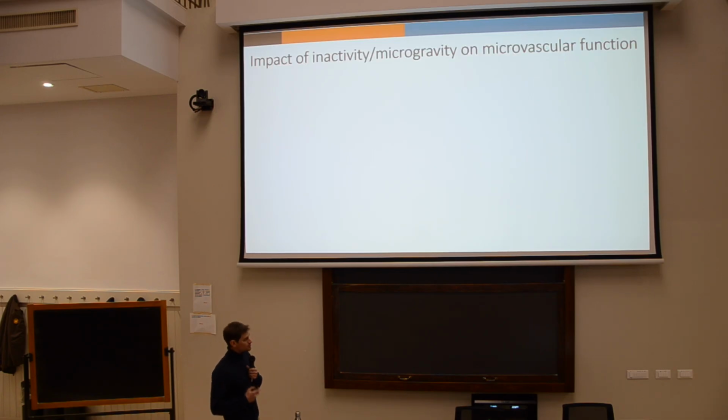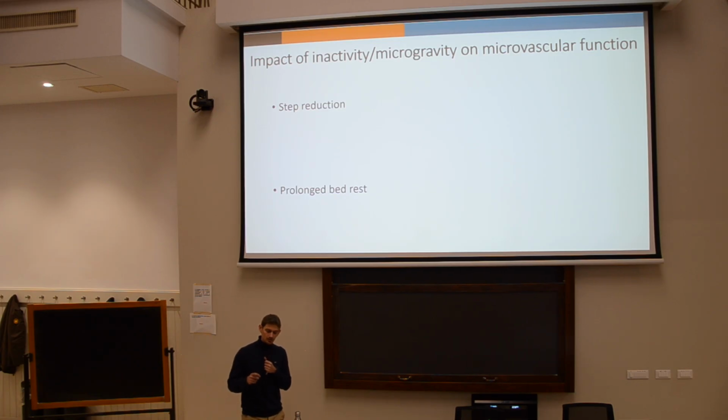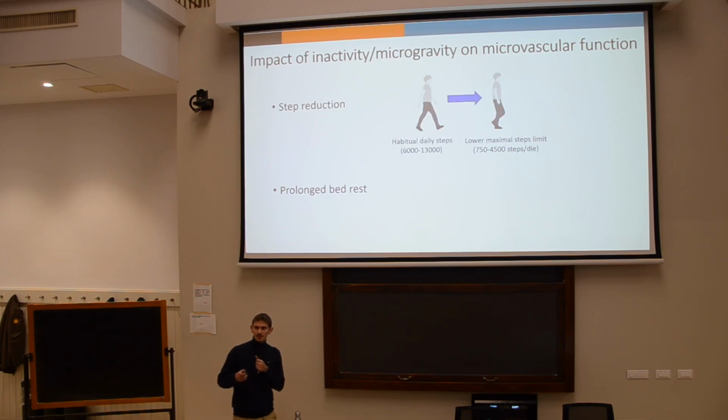As regards the first topic, the impact of inactivity on microvascular function, we utilized two different models of disuse: the step reduction model and prolonged bed rest. Step reduction consists of a sudden reduction in the habitual daily steps to a lower maximal step limit, and compared to other forms of disuse, it is generally considered a less extreme form of inactivity, closer to real-life conditions.